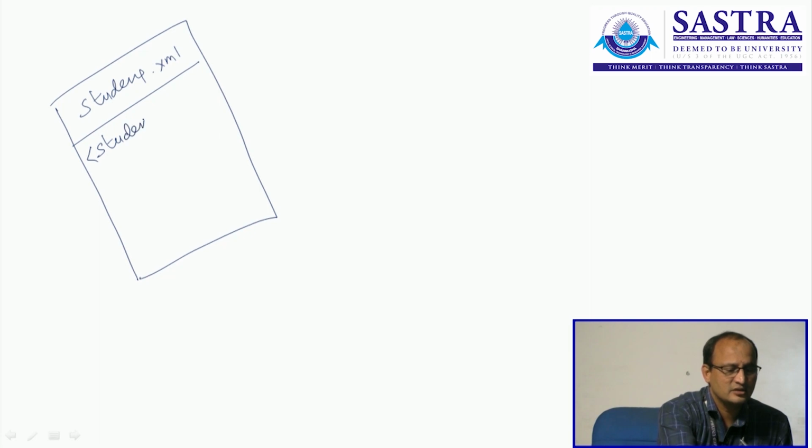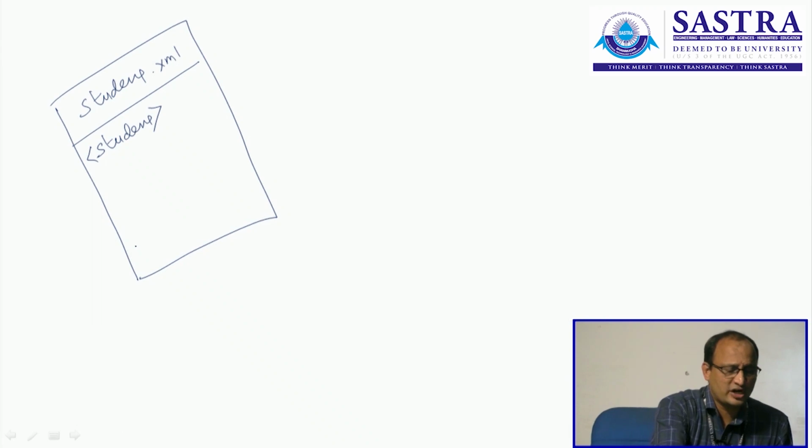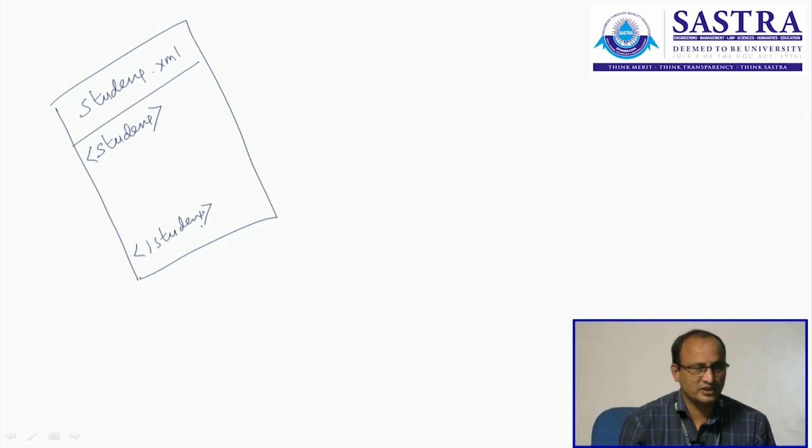Yes, it is student. This is my XML document starting with student and ending with /student. This is the parent tag and it is also called the root tag for my XML document.